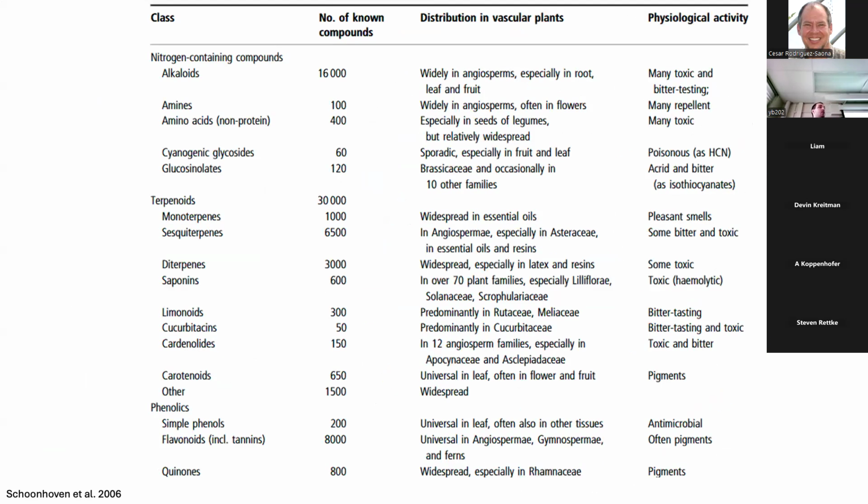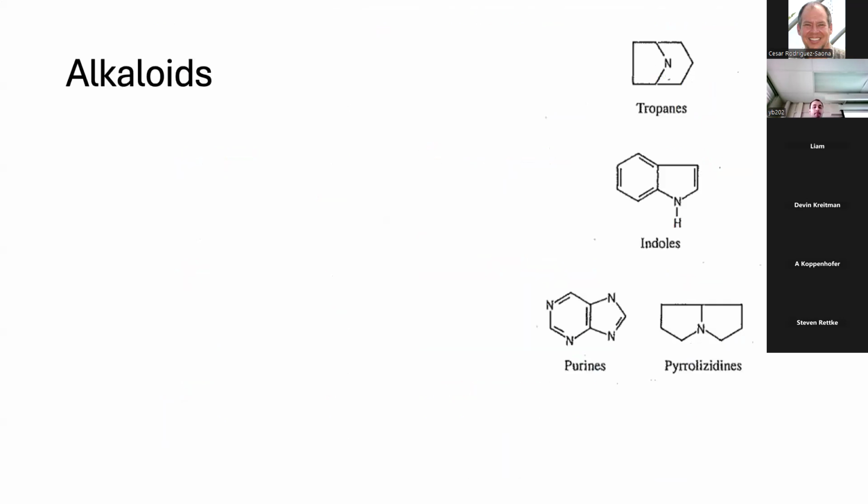There are so many of these metabolites out there. We went from metabolites to secondary metabolites to nitrogen-containing compounds, and within each of these groups there are further classifications of other compounds. We're going to go into some of them.